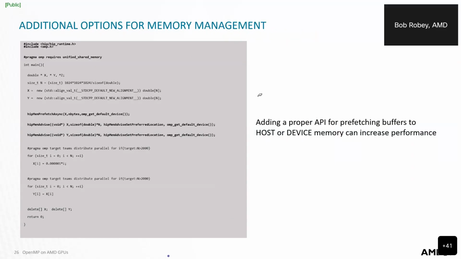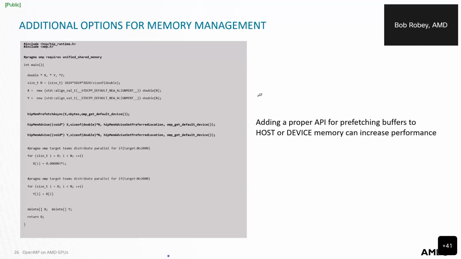This slide is showing that you can do some prefetching, and there are also some mem_advise calls. You can set different attributes for the memory. So we can prefetch the data and get it before the runtime would detect that the memory's not there and move it automatically.